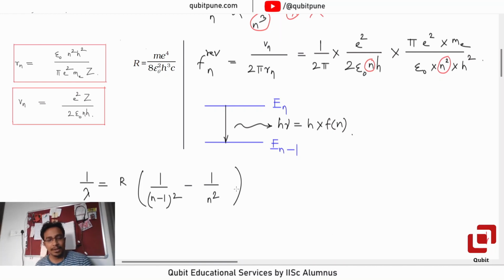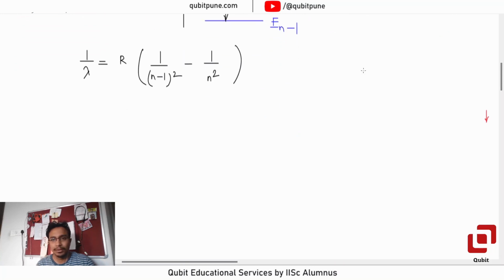Yes, okay. Now 1 upon lambda is what? Lambda nu is equal to c, so 1 upon lambda will be nu by c. Now nu is f of n, so I can say f of n is equal to Rc into this.